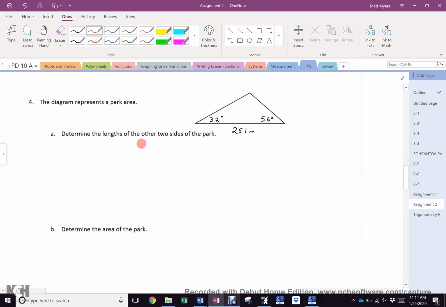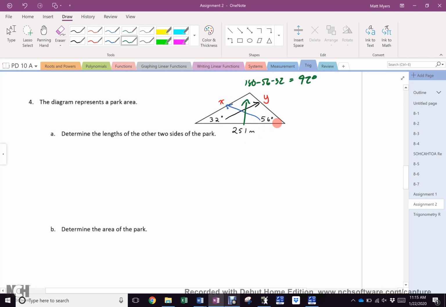Park area. Determine the lengths of the other two sides. Well, that means I need x and I need y. But I can't seem to do it because I got no pair there, I got no pair there, and I got no pair there. But I do have a pair there because that is 180 minus 56 minus 32, which equals 92 degrees.